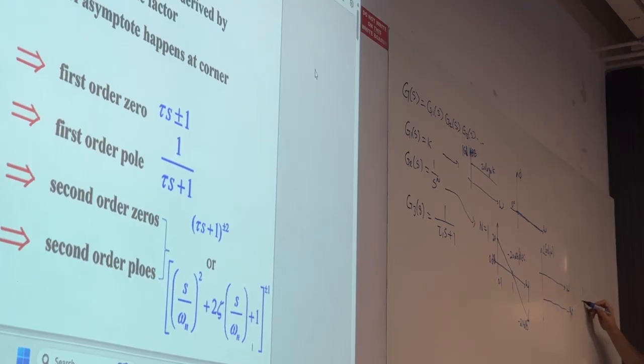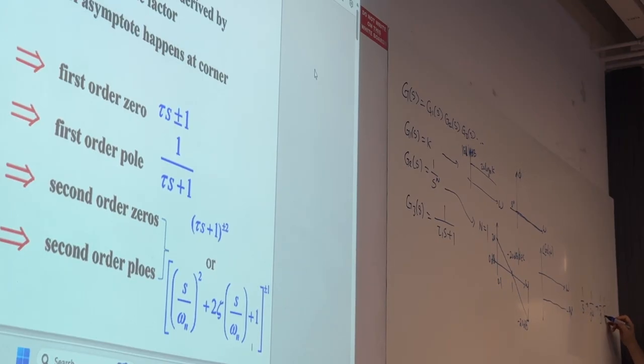Because 1 over s gives you 1 over j omega, which gives you 1 over j times 1 over omega. j is 90 degrees, so 1 over j is negative j, and you get minus 90. So the phase of this is minus 90 degrees for all frequencies.